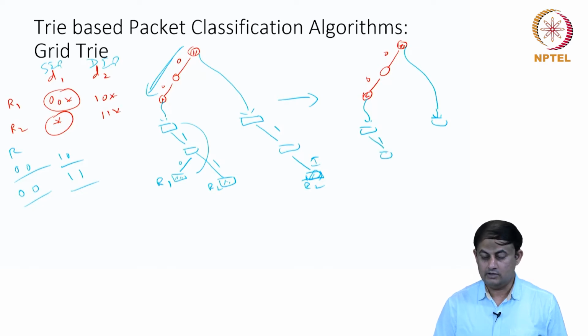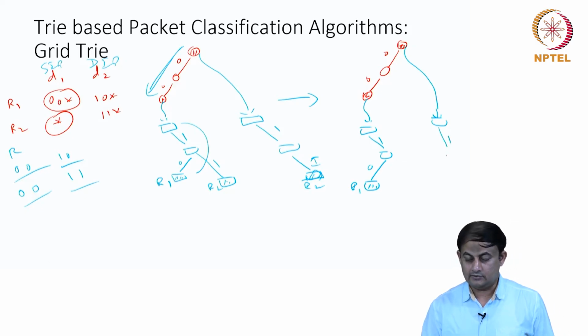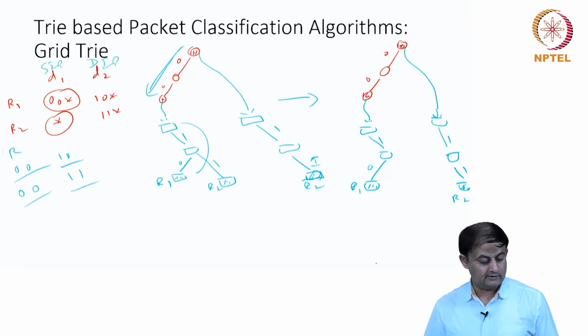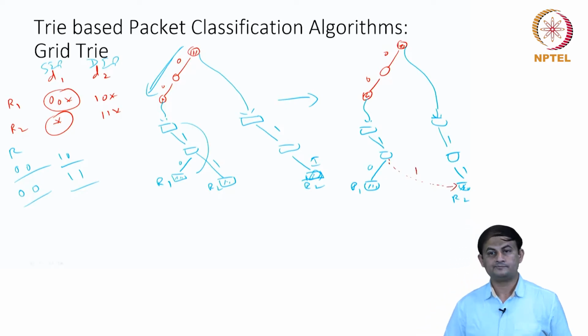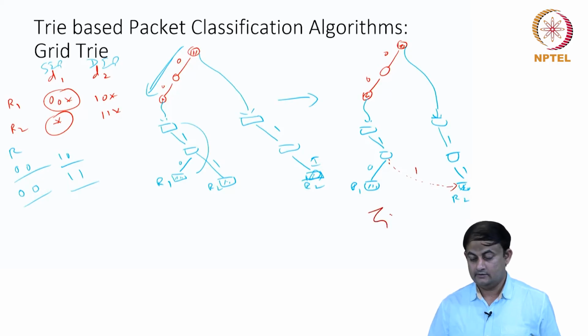And on 1 and 0, this is anyway representing R1, I retain that, and for this I require 1 and 1, I label this with R2, and whatever additional node that I was adding, I am going to avoid by adding a link from here to this node itself, on the 1. So this is what the trie structure now looks like, and this we call the Grid-Trie.